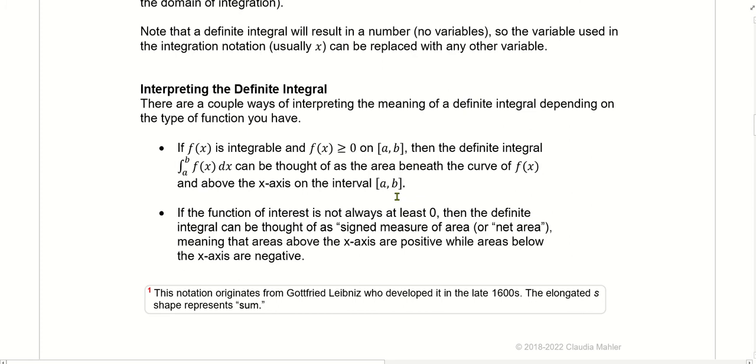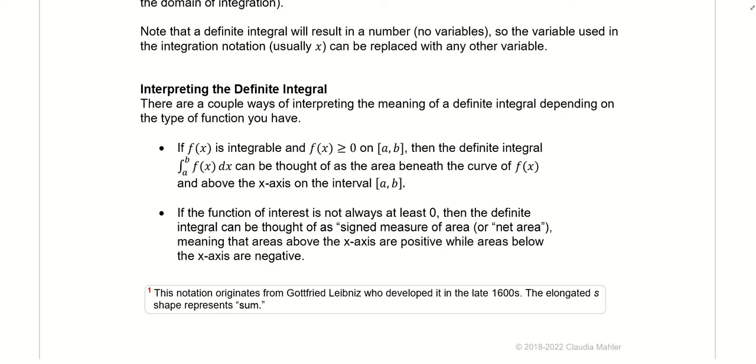Now, we're finally getting into talking about the definite integral, and this is what we're going to see basically for the rest of the semester, the idea of the definite integral. And so I want to talk very briefly about a couple ways of interpreting the meaning of a definite integral depending on the type of function that you have. And this was also something we sort of mentioned when we talked about Riemann sums, but just to bring it up here again.